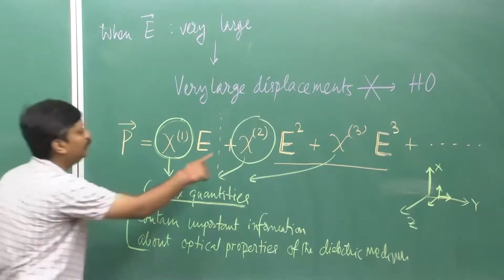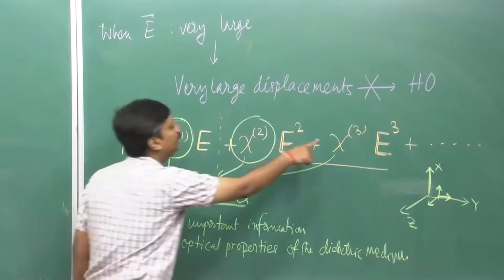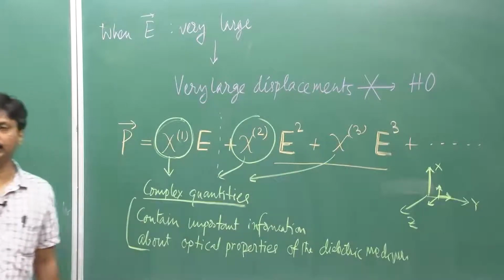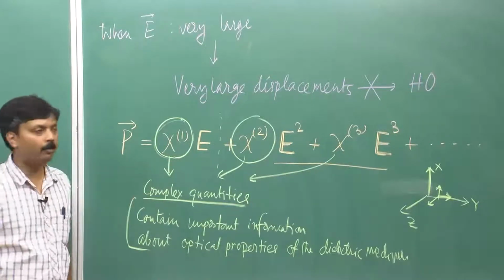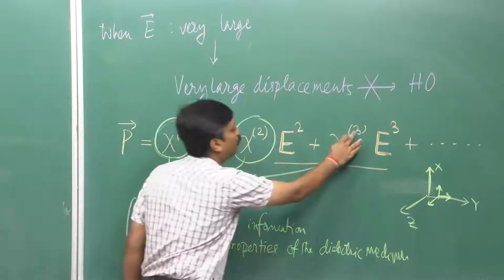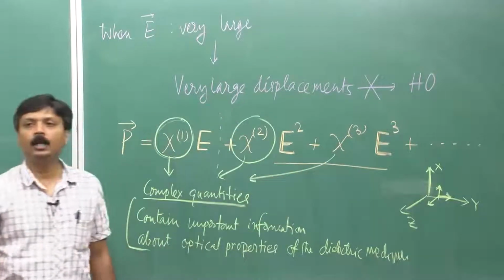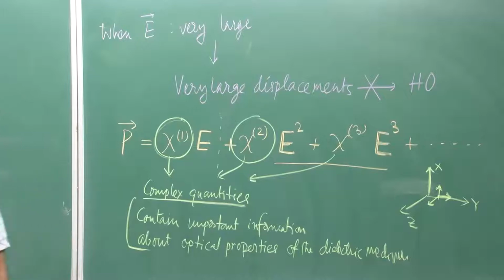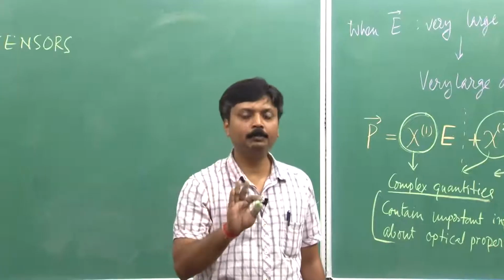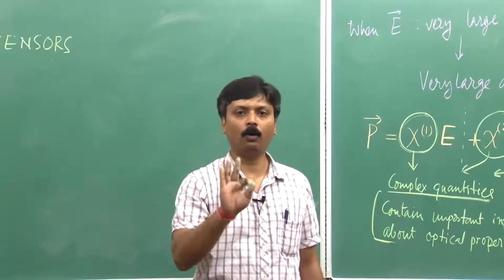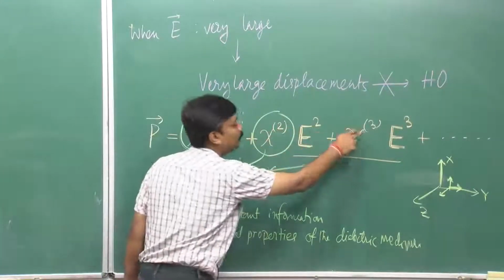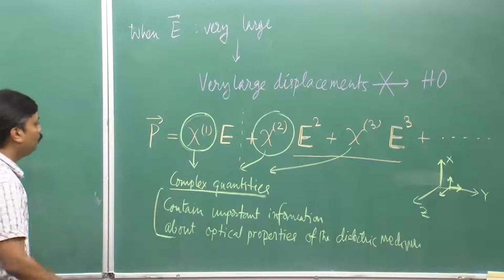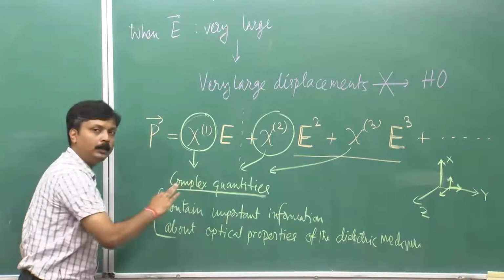Here within the bracket, these numbers refer to the order of the process. So, this one means it's a first order process, which is a linear phenomenon, then second order, third order processes, and these are known as the susceptibilities of certain order n. So, this is second order susceptibility, third order susceptibility, and so on.